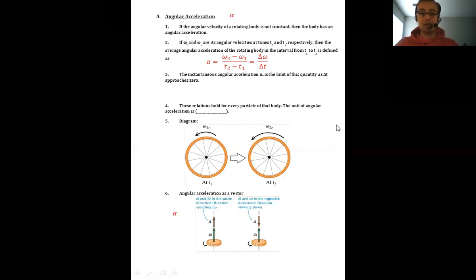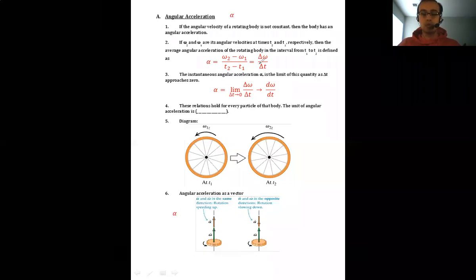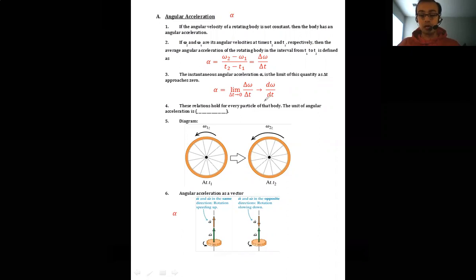And instantaneous angular acceleration, this should be kind of predictable by now. We take the limit of this function with respect to time going to 0. So the derivative of the angular velocity function gives you the angular acceleration.